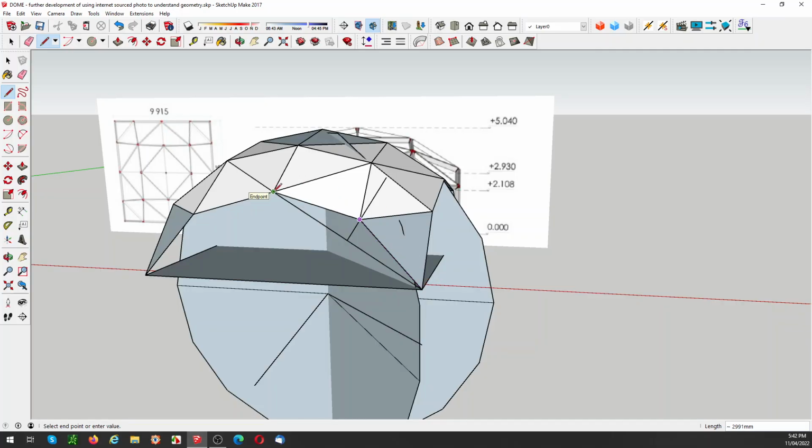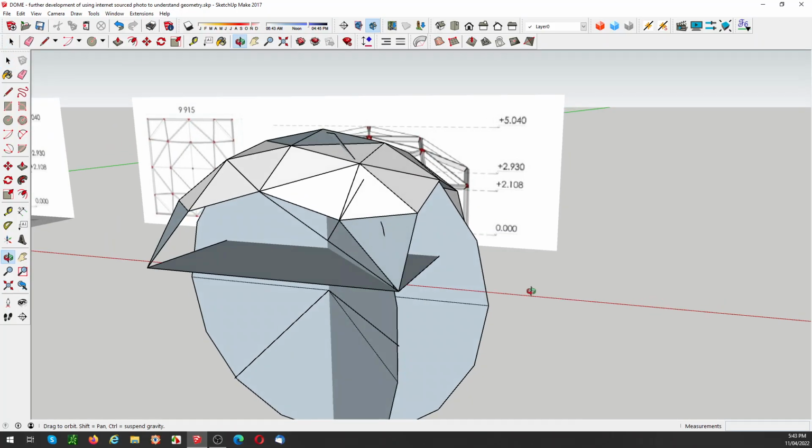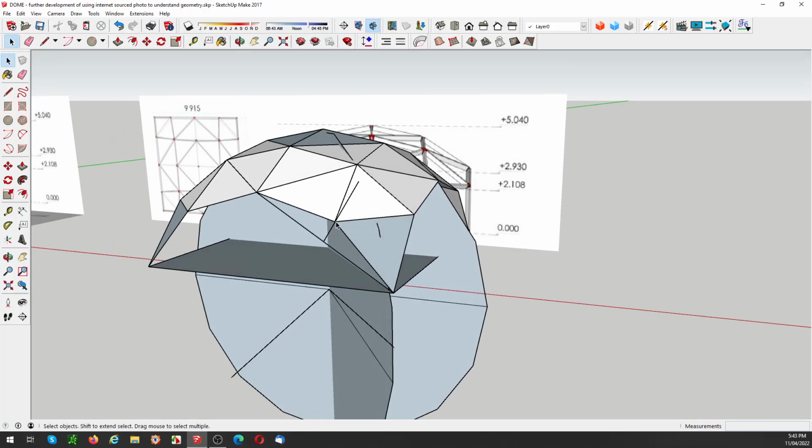So 9 mils there, 13 there, so it's not much difference. There's only probably 20 or 30 millimeters difference, and that could have been my drawing from the photo taken from the internet, and as likely it would be 50% of that distance.